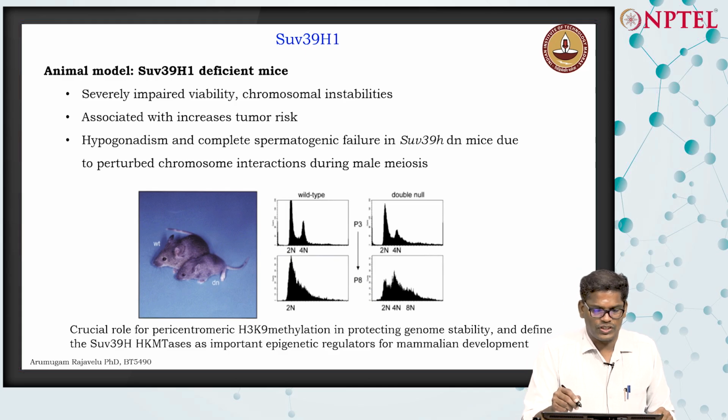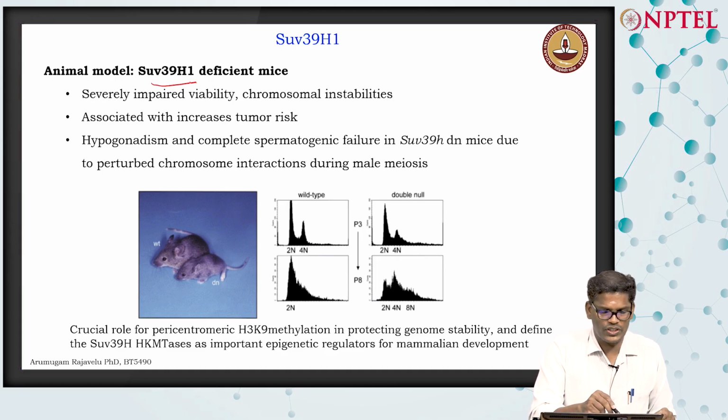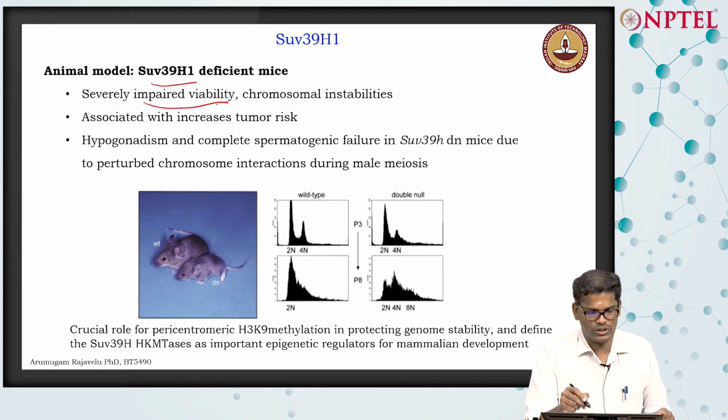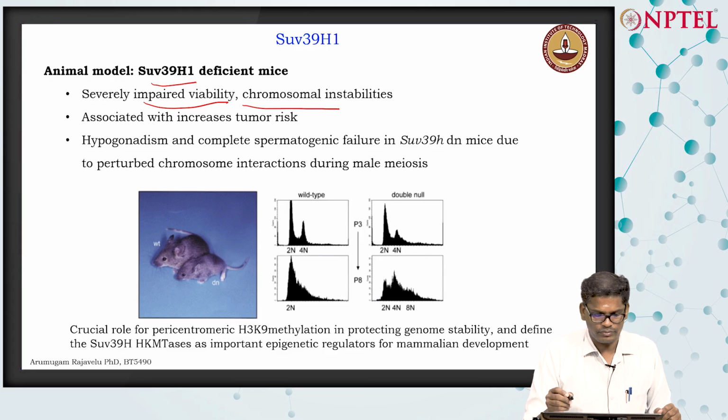And coming to the biology, it is highly essential, as you can imagine, because knockout or deficiency severely impairs the viability of animals, particularly mouse. Studies show that it is highly essential because the knockout animals show high chromosomal instability. This clearly shows it is essential to maintain chromosome shape by successful introduction of the trimethylation mark at the chromosomes.